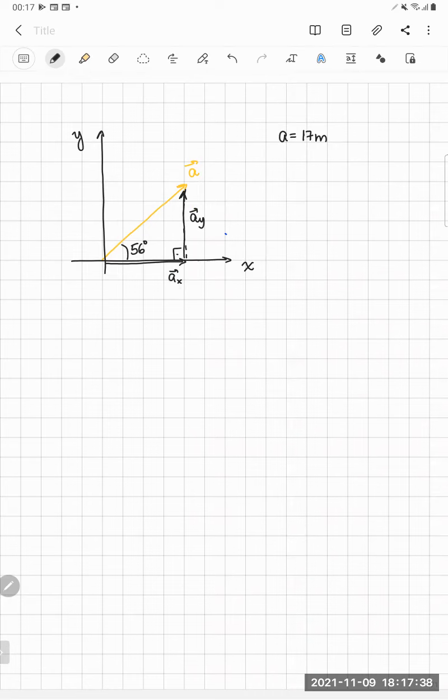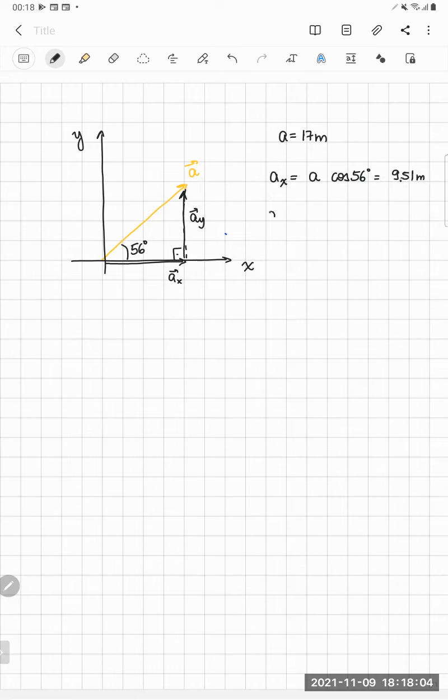The AX is touching that angle, is adjacent to that angle. So I know that AX is going to be A cosine of 56. So you just have to find the cosine of 56, multiply that by 17, and you're going to get this AX, which apparently is something like 9.51 meters.